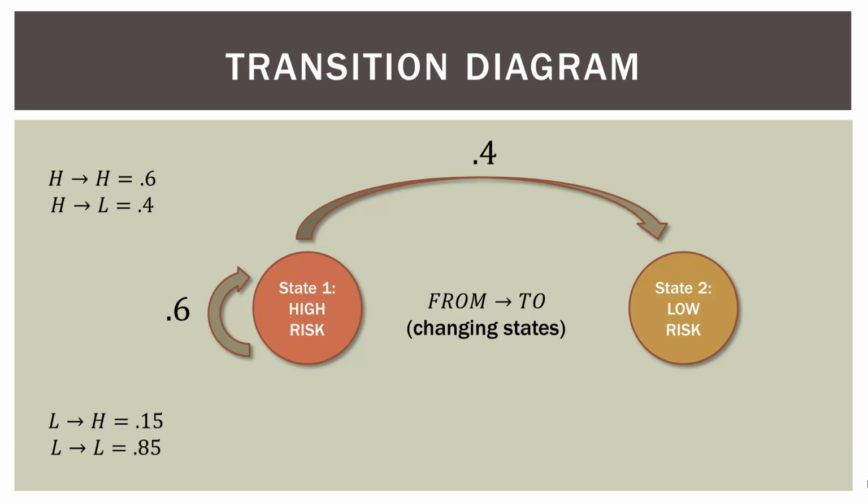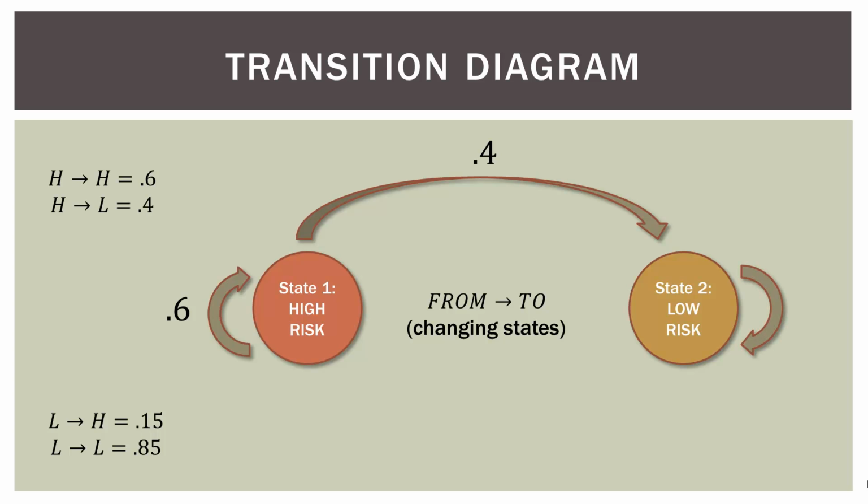The probability of that is 0.4. Now notice a few things here. The probabilities add up to 1, so every arrow coming out of a state has to add up to 1. So 0.6 and 0.4 add up to 1. And of course you can go from state 1 to state 1, or you can go from state 1 to state 2.